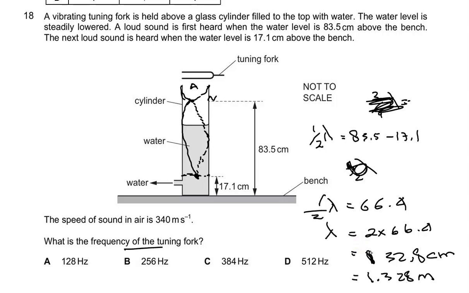So what is the frequency of the tuning fork? The general speed equation v equals lambda times f, where lambda is 1.328 times frequency. 340.